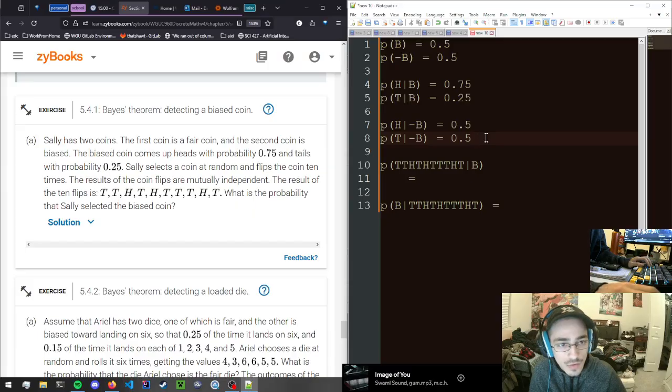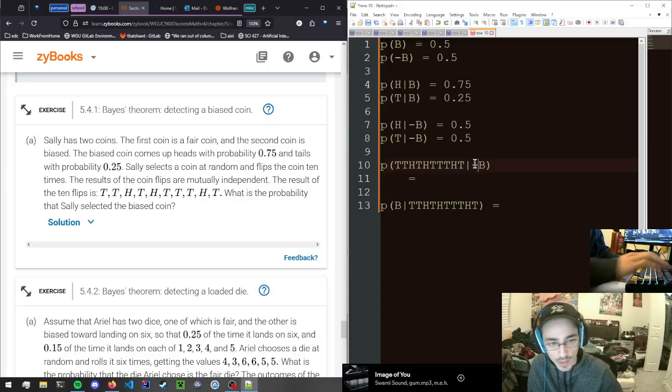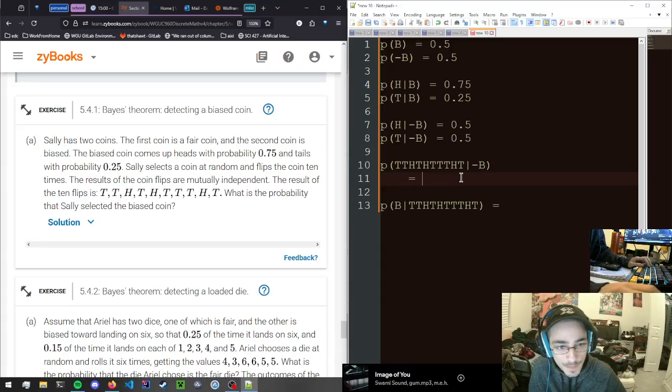So let's do the not biased because that's easier. So it's just 0.5 to the 10th, right, because there's 10 flips. Both of them are equally likely. And they're all mutually independent, so you can just multiply them.